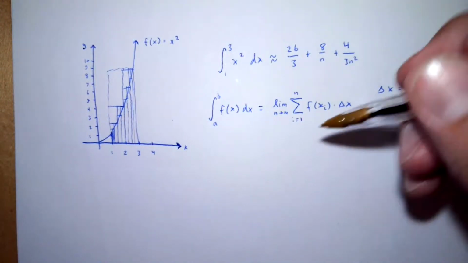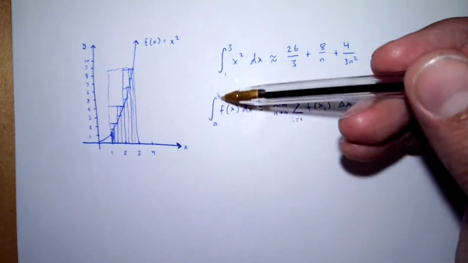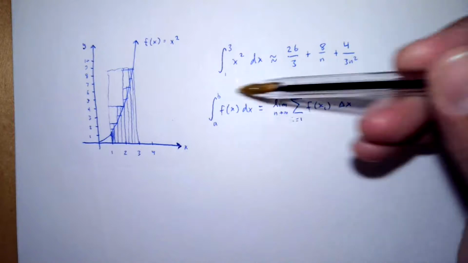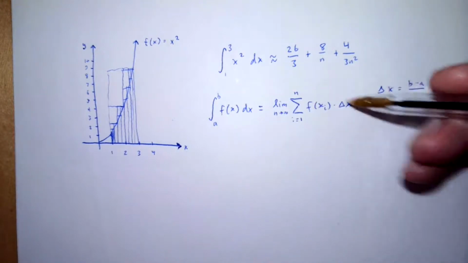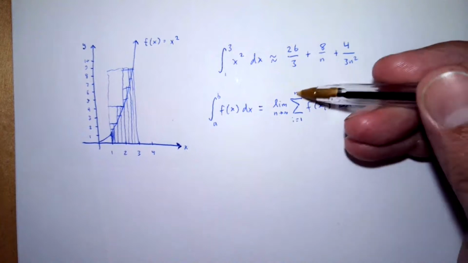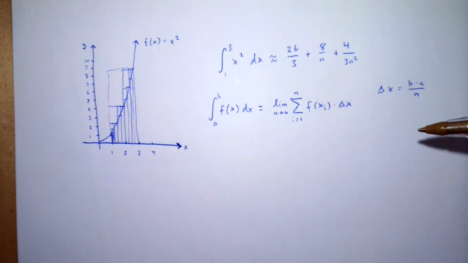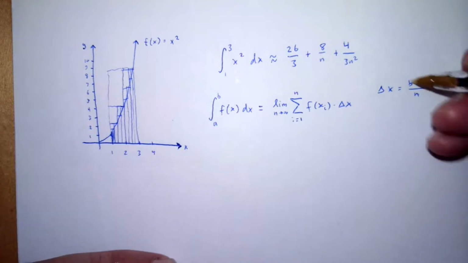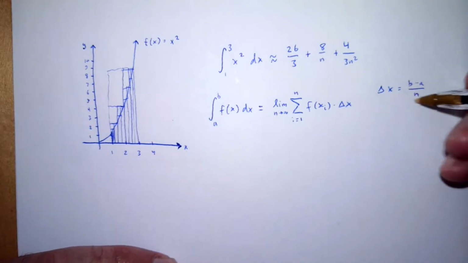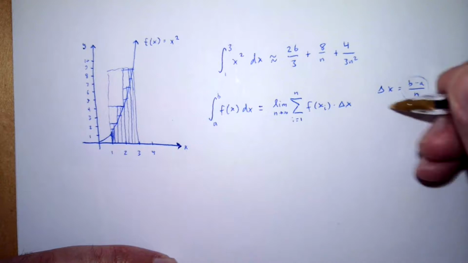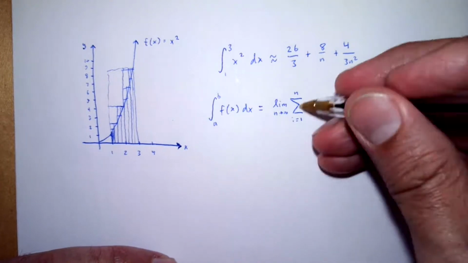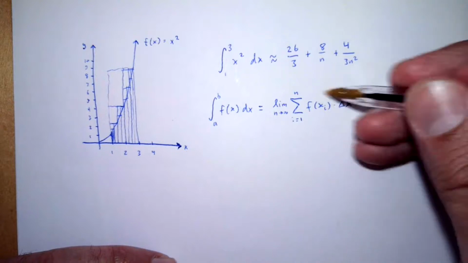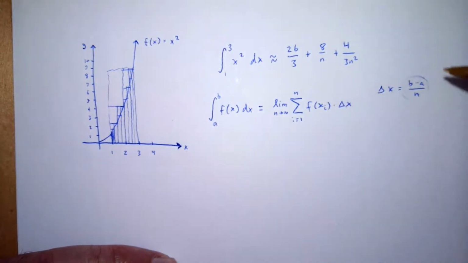So we're going to calculate this definite integral by calculating the limit of our general Riemann sum with n rectangles. And then you'll notice that this width, this delta x, ends up going down to 0, which we don't really want to multiply by 0, because that's going to make it go away.